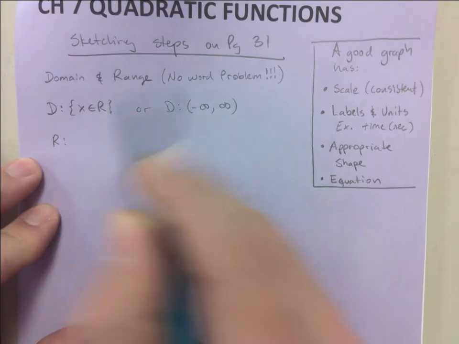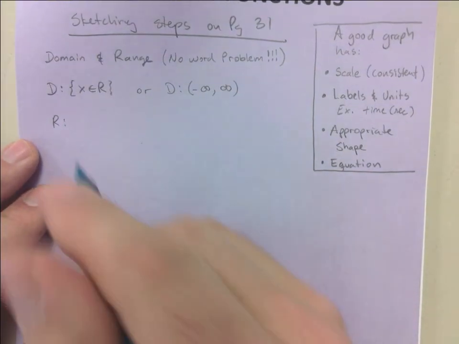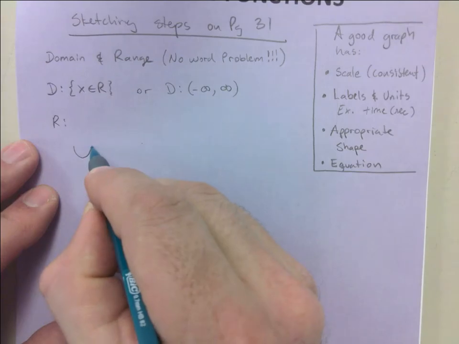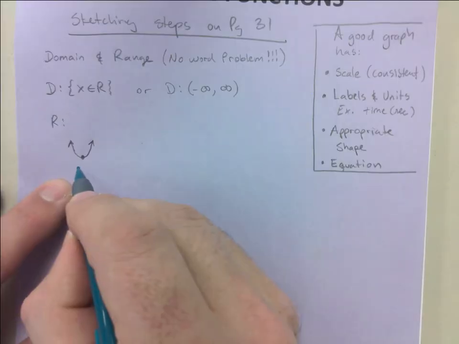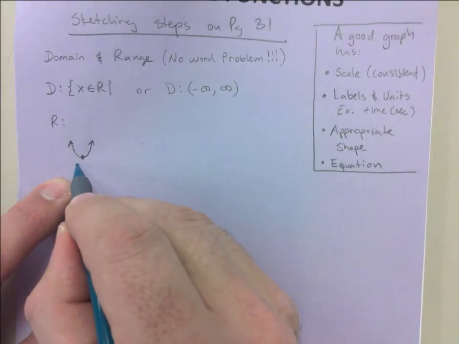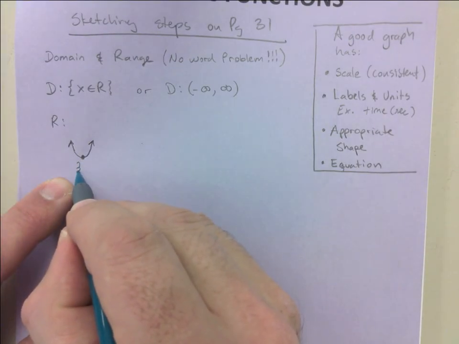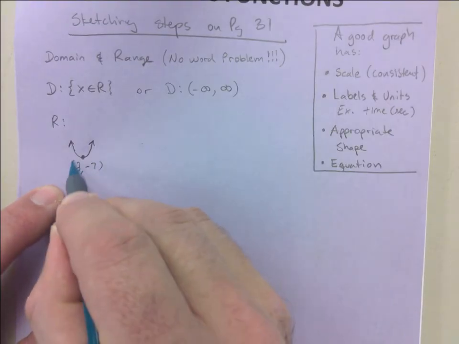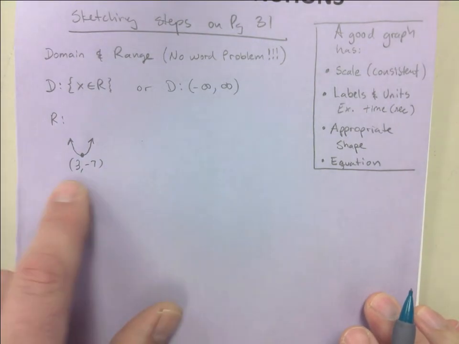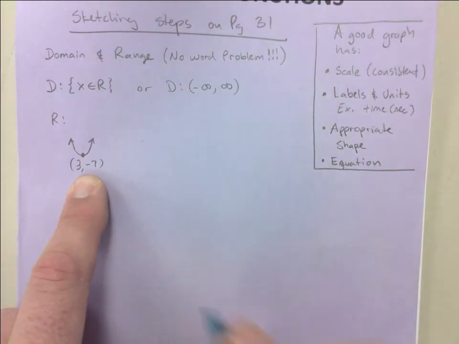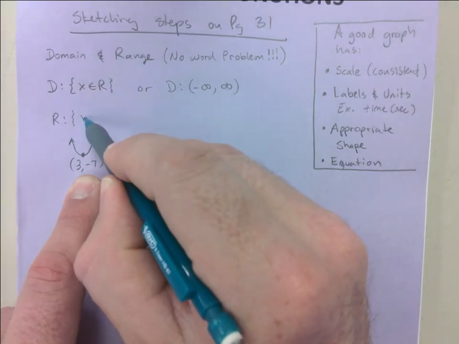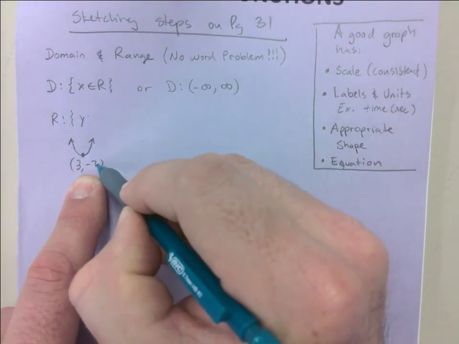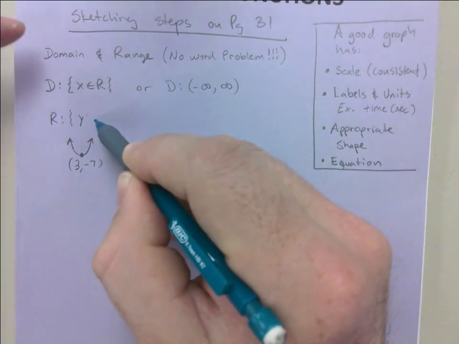it changes. So I'm going to give you two graphs here. If it's pointing up like this, and let's just come up with a new number here. 3, -7, let's say. You figure out what the vertex is, and it's 3, -7. Then for set notation, it would be y is, it's from -7, that's the lowest, and it keeps going up to infinity, right?